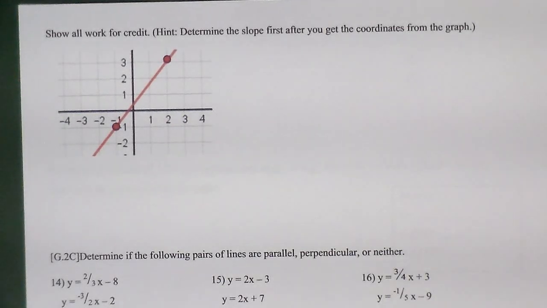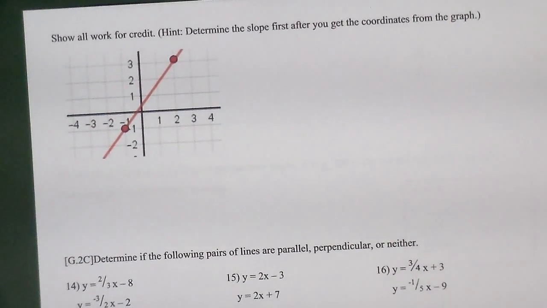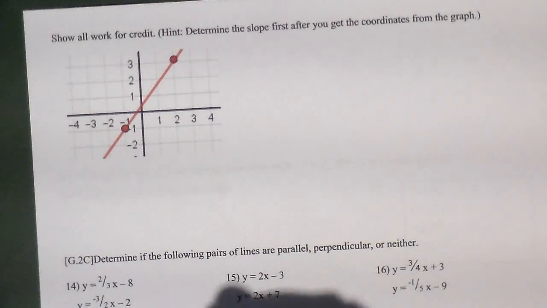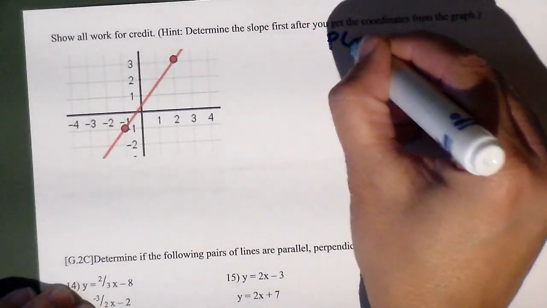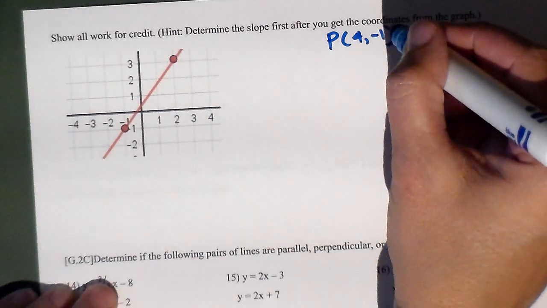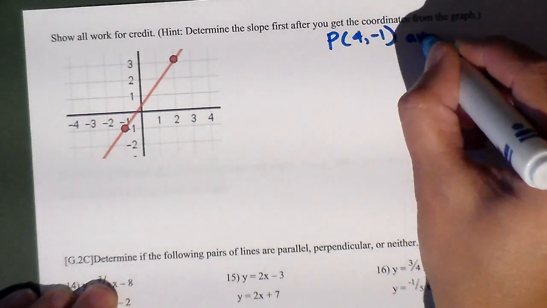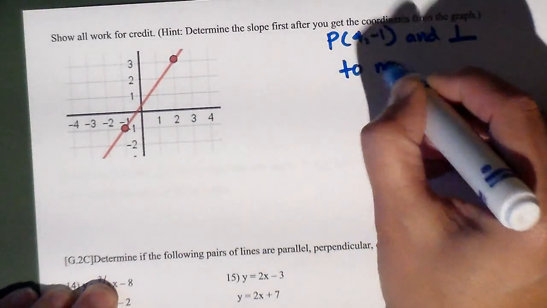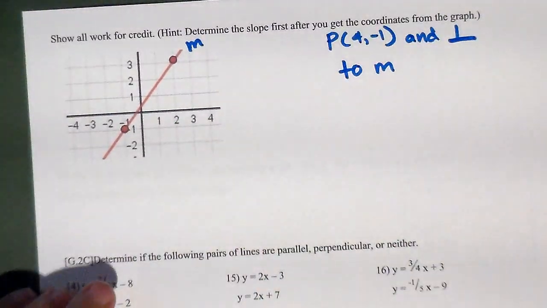Okay, determine an equation. Oh, I see what it did. It threw it on the previous page. So what you're doing is determining an equation of a line that passes through P (-1, 4) and is perpendicular to M. Now this is line M. I told you that was line M.